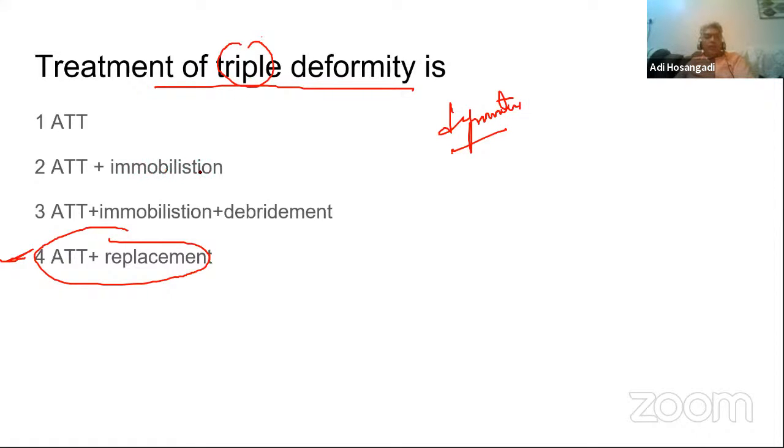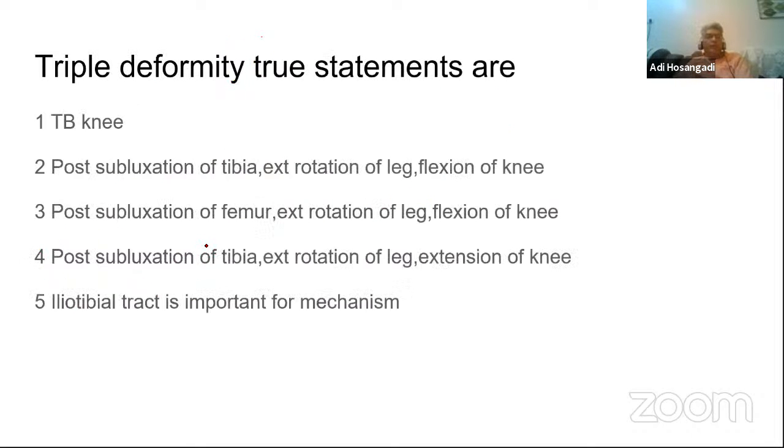No point in immobilizing. Just by immobilizing, it will go for ankylosis. We don't want that. With immobilization and debridement, if you are expecting to get some range of movements, then this is a good option. But triple deformity means the entire joint is disorganized. All the ligaments have been destroyed. So the only option left is ATT plus replacement.